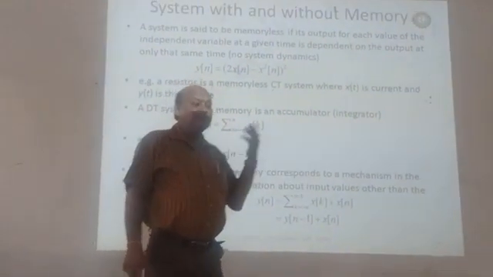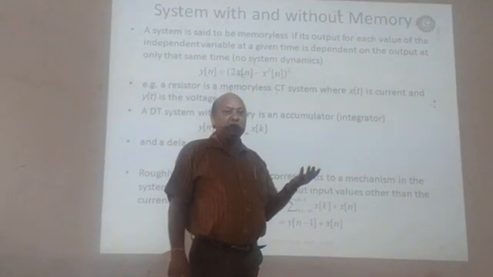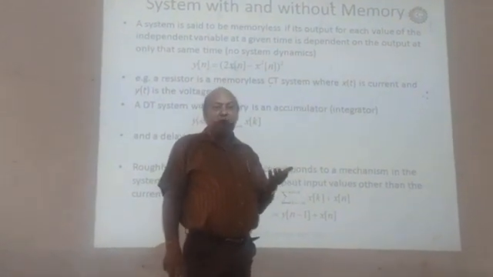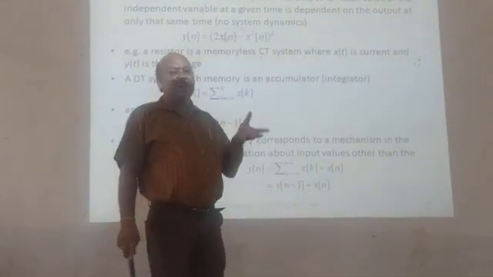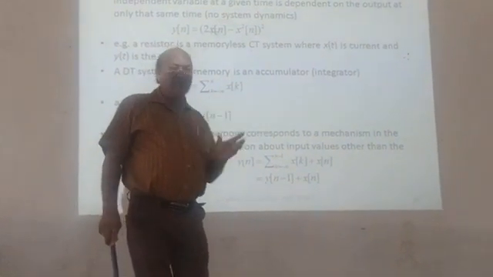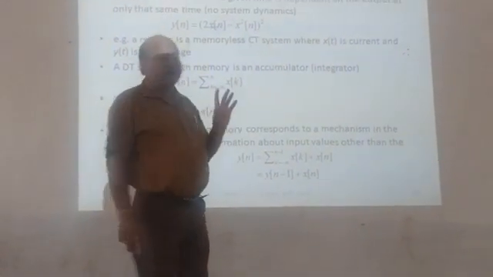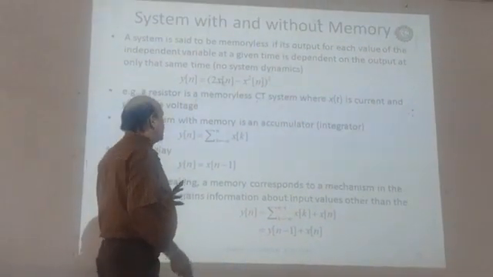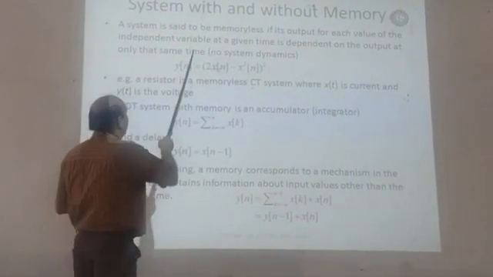But some operations, such as y[n] = 2x[n], do not require memory, because the result is calculated in the accumulator itself, and hence there is no need to store anything. Therefore, this is called systems with and without memory.